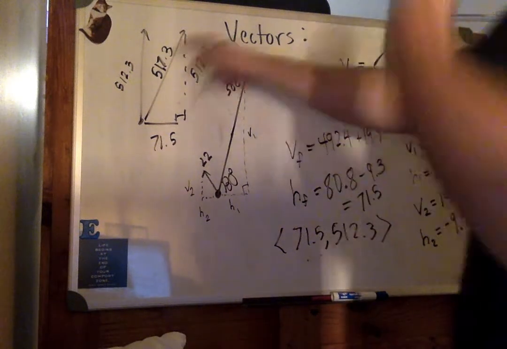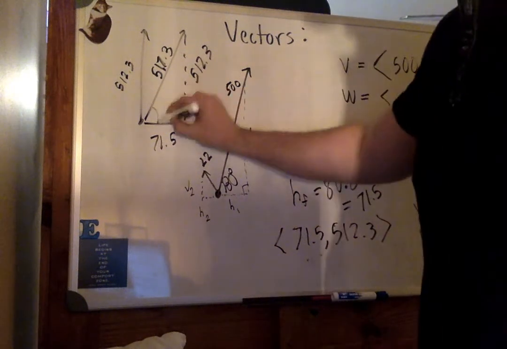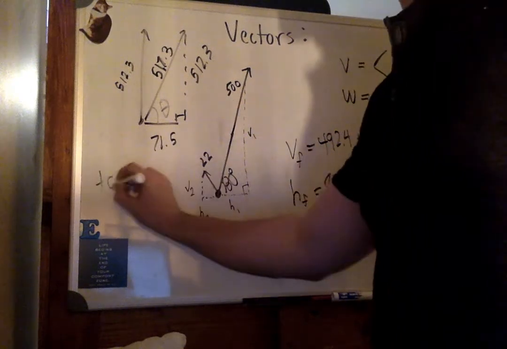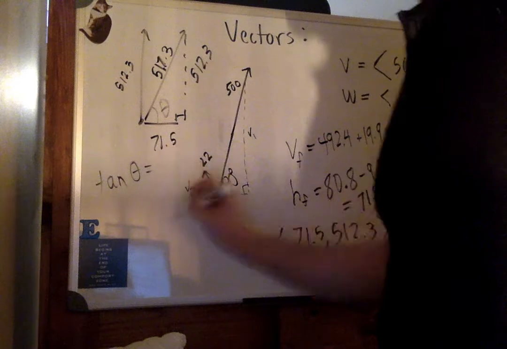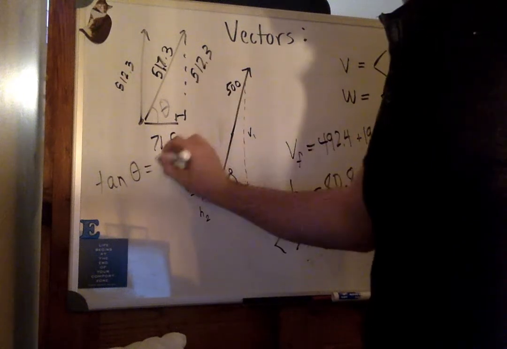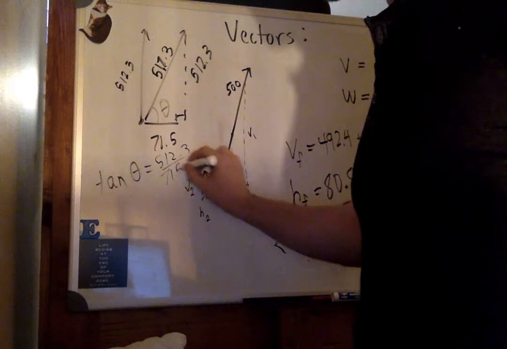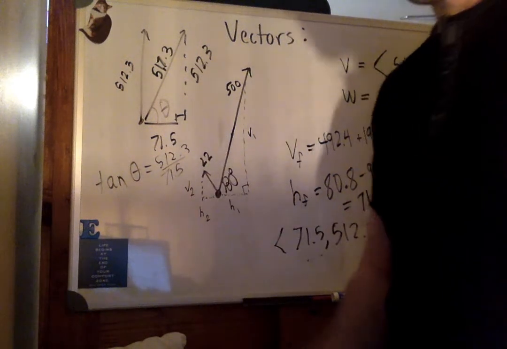Rad. So now, last thing I've got to do is find this angle right here. The way that we've been doing this lately is by saying that the tangent of that angle would be opposite over adjacent, so 512.3 over 71.5, then arctangent is going to be my best friend here.